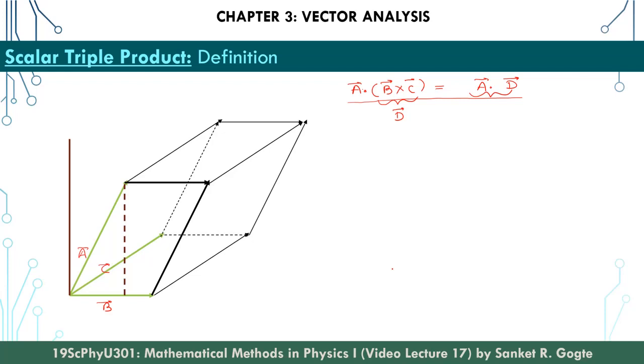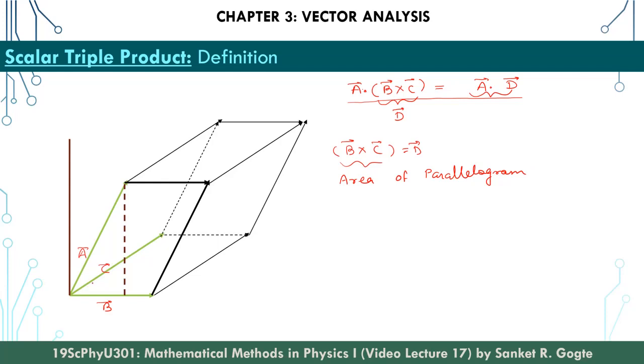Suppose I first consider this cross product B cross C, which is vector D. Then we just saw that when we consider the cross product of two vectors, it gives us the area of the parallelogram, which is formed by vectors B and C in this case.